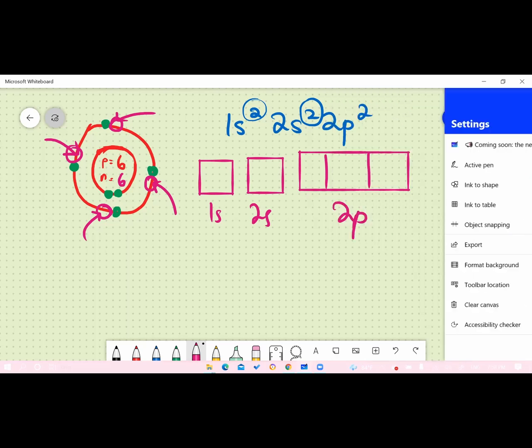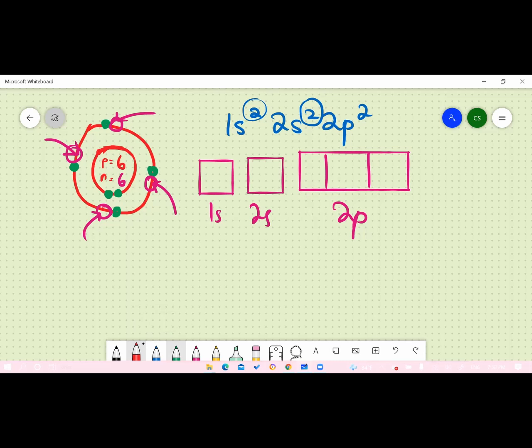So by Aufbau's principle, you know that we fill the electrons having the lowest energy first, then we pair them. So that would be 2 electrons for the 1s. The 2s orbital would have 2 electrons as well. Then you'd have 1, 2.